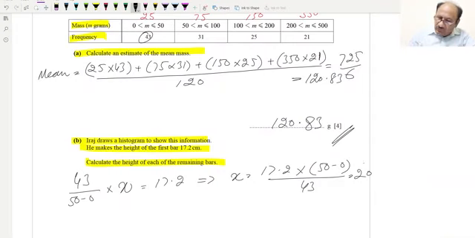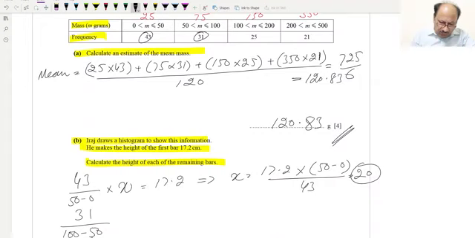So this x value we will be using for the rest of the calculations. For the second bar we can write 31, which is this one, divided by the class width, which is 100 minus 50, which will be 50.